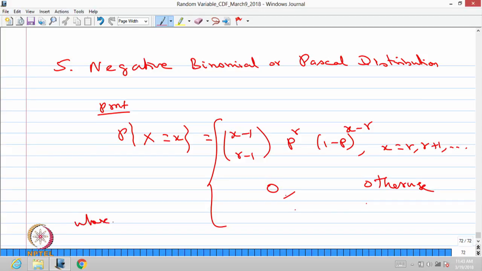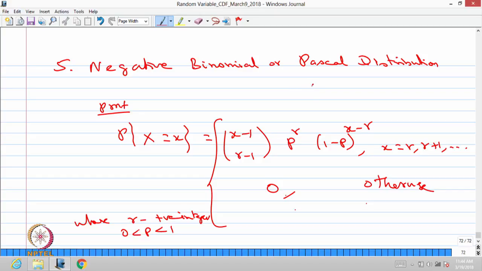Here r is a positive integer and p lies between 0 and 1. That means whenever you supply the value of r and p, you know the distribution of this random variable.